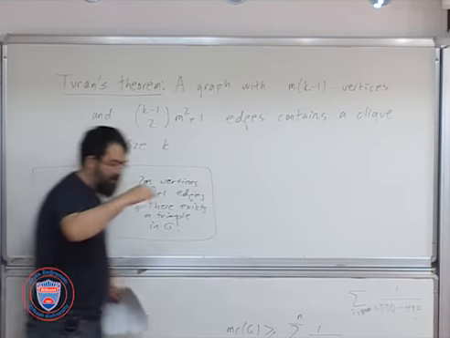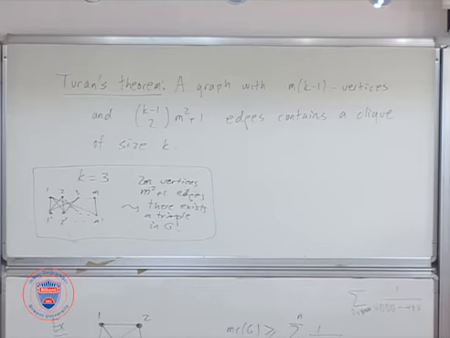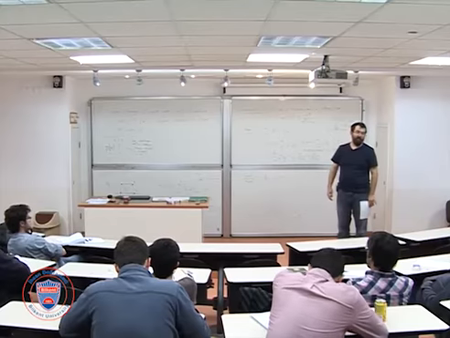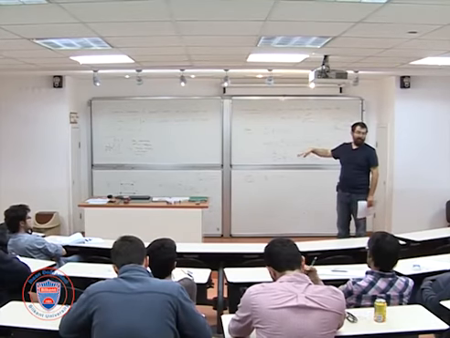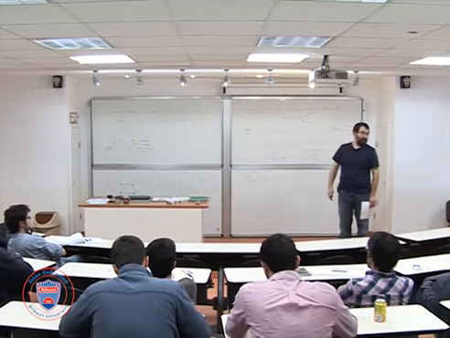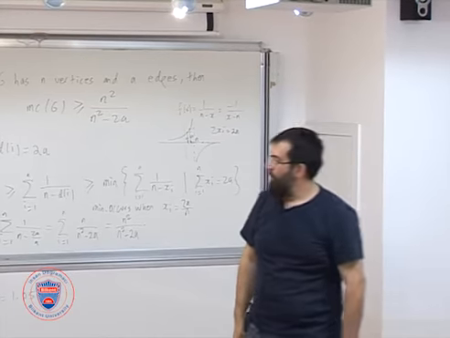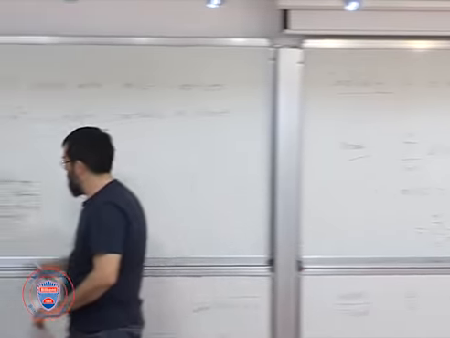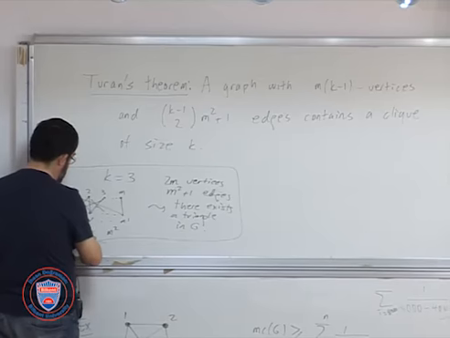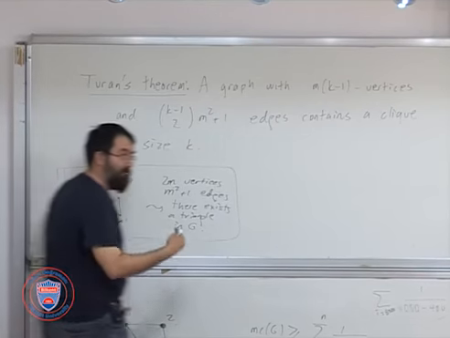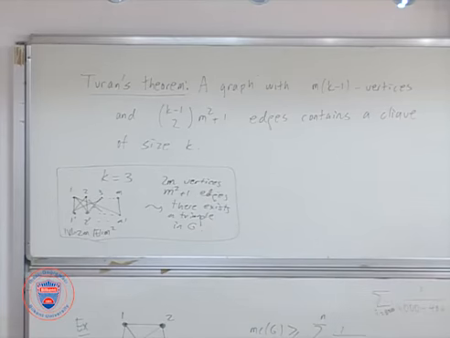Because you only have edges from the upper line to the lower line, you have no edges between vertices on each line, which means you cannot have any triangles. To have a triangle, you have to have at least 2 vertices on the same line. But we have no edges between them, so you cannot have a triangle. And such a graph has m squared edges and 2m vertices. So it's possible to draw it with m squared, but it's not possible to draw it with m squared plus 1. So there's no way to get it with m squared plus 1 with no triangles.